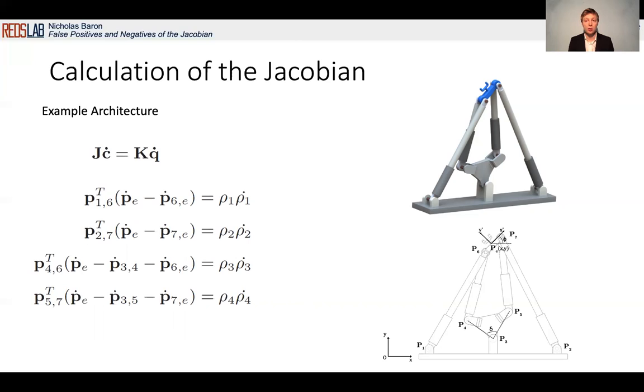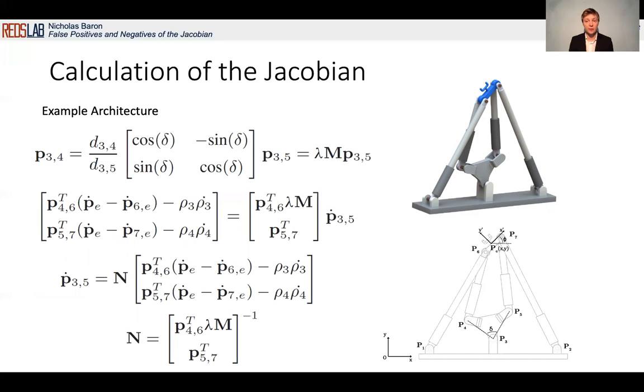Therefore, we need to combine 2 of these equations to form one of the rows of the Jacobian. And in this case, the last 2 equations on the screen need to be combined in order to form the 3rd row of the Jacobian. And the way we do this for this specific mechanism is by utilizing the fact that joints P3, P4, and P5 are all part of the same rigid body.